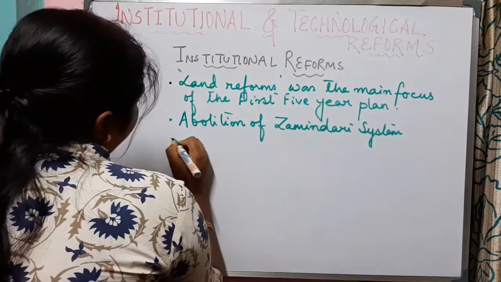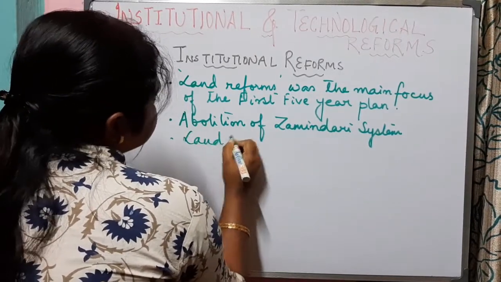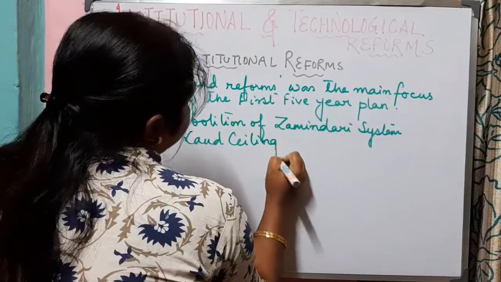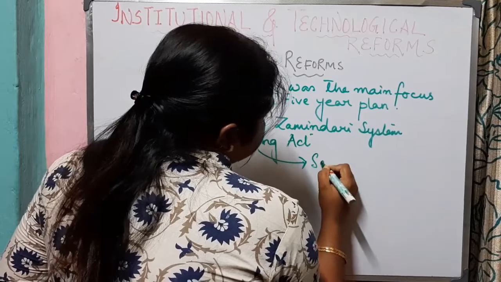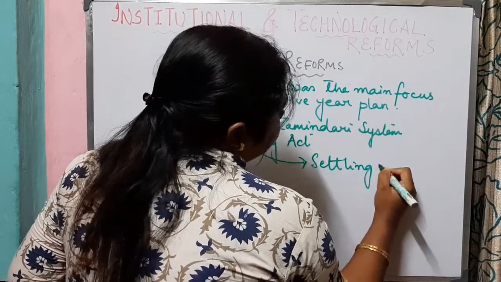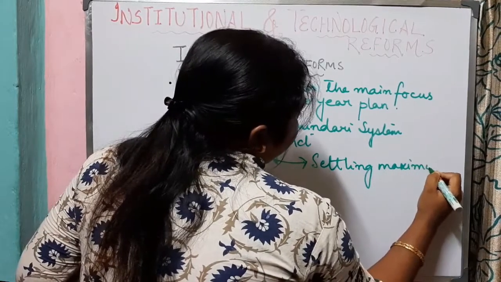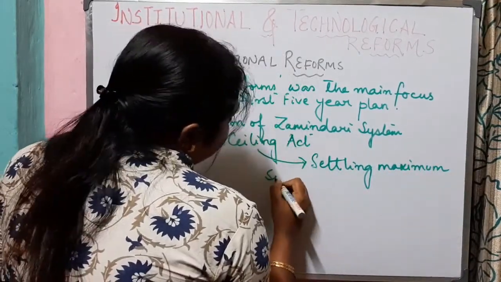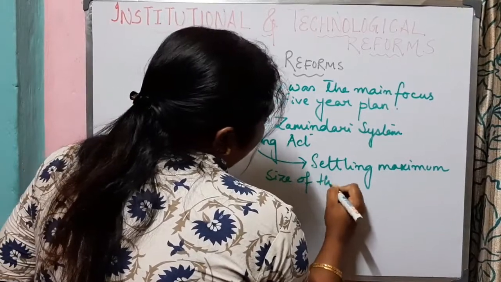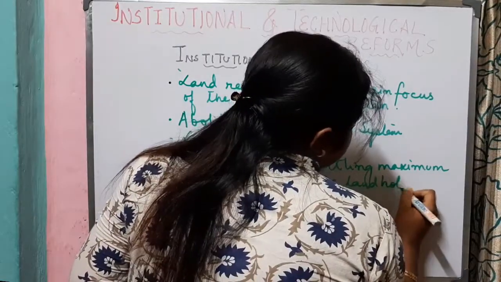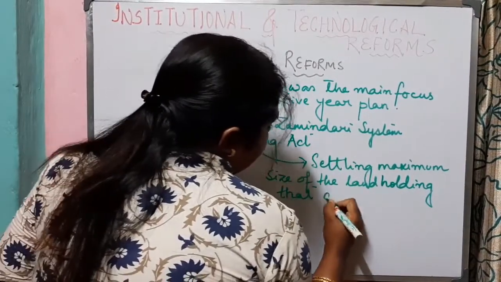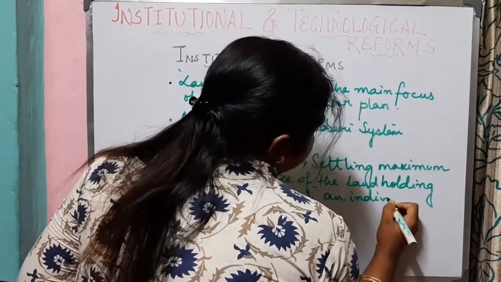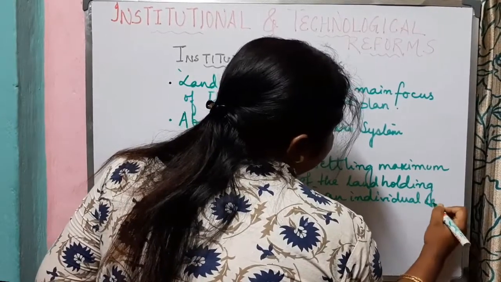Number two was the Land Ceiling Act. Now what do you mean by ceiling? Ceiling means setting the maximum size of the holding that an individual can have.